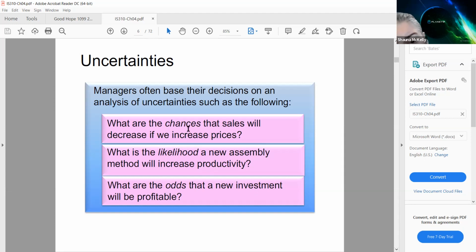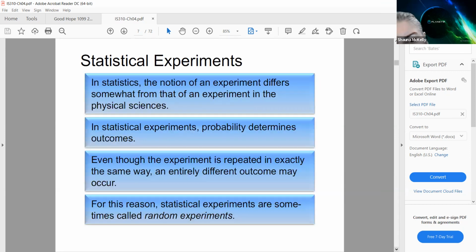All of these things are slightly different, okay? But they're all related and they all involve using probabilities. Chances, likelihood, and odds. Odds are a little bit different than the first two, but they're all related.